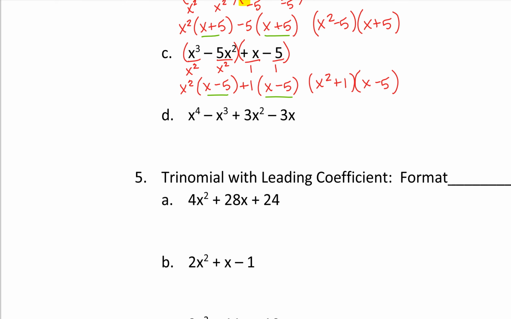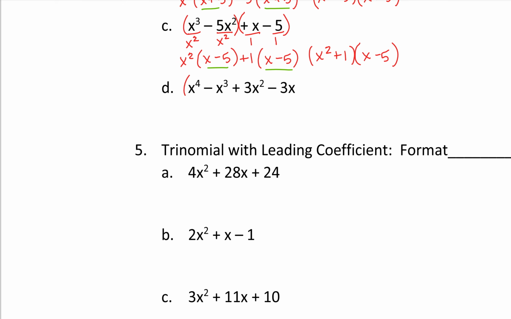All right, last one. Factor the first two, second two. Pull out their GCF. In this case, it's the x cubed. And the second one, it's just a 3x.